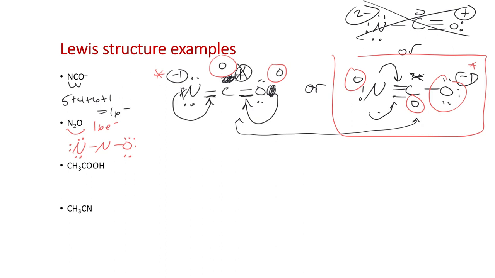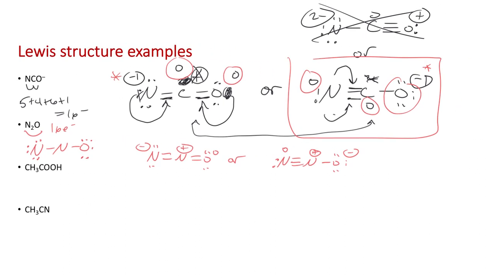Same issue as we had before. And so then we can end up with the N double bond N double bond O, plus minus 0, or N triple bond N single bond O, plus minus 0, or the really bad structure, the analogous N triple bond O with the plus on the O, still plus on the N, and this is N O, so this will be N with a 2 minus.